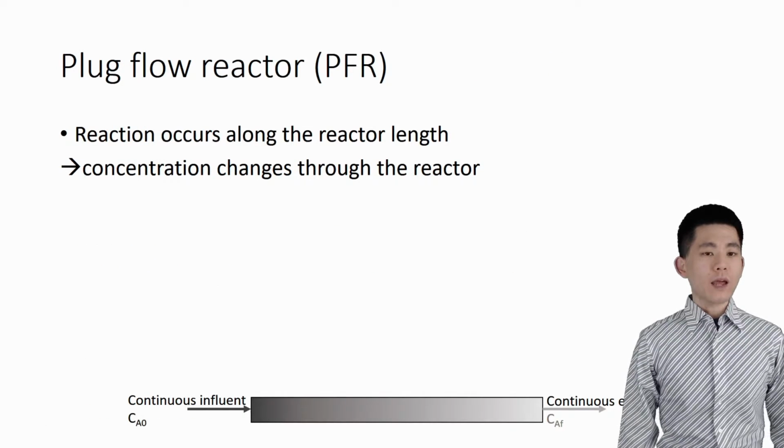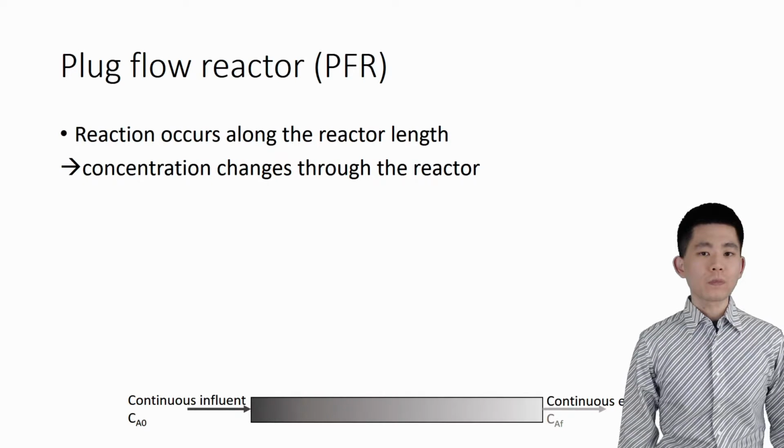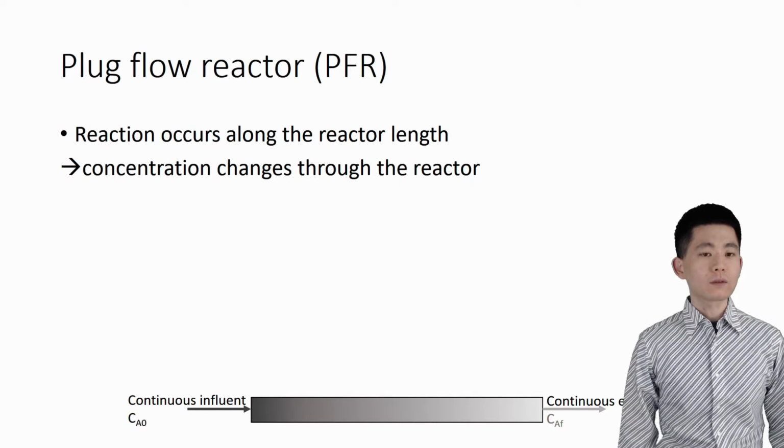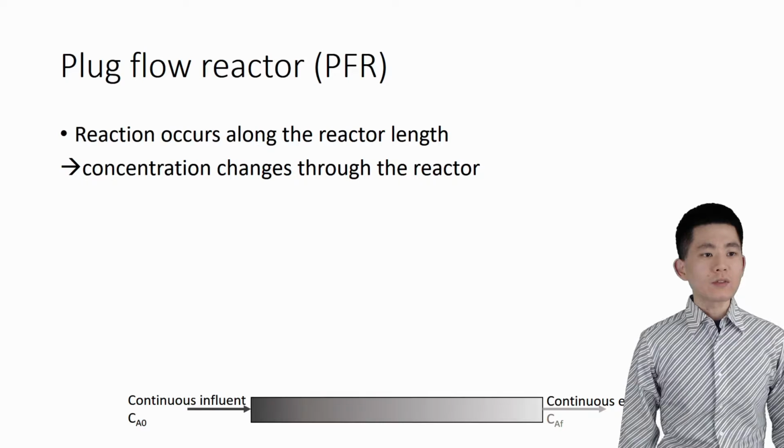In plug flow reactors, the reaction occurs along the reactor. The concentration of component A changes through the reactor. At the very beginning of the reactor, the component A concentration equals the influent concentration CA0, while at the end of the reactor, the component A concentration equals the effluent concentration CAF.